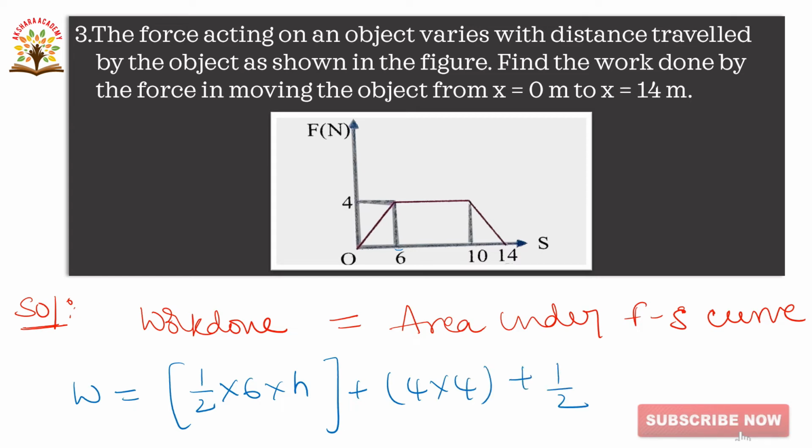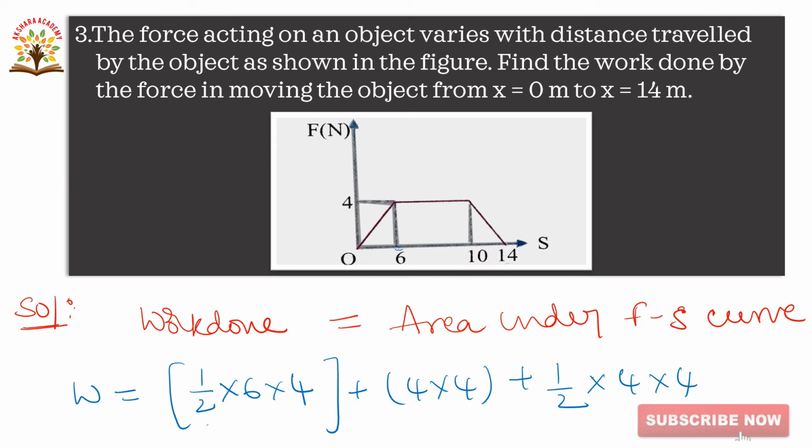plus here it looks like a triangle, area of triangle half into base into height. So that equals half into 6 into 4, height 4, half into base into height, plus length into breadth, a rectangle with length 10 minus 6 equals 4, breadth 4.